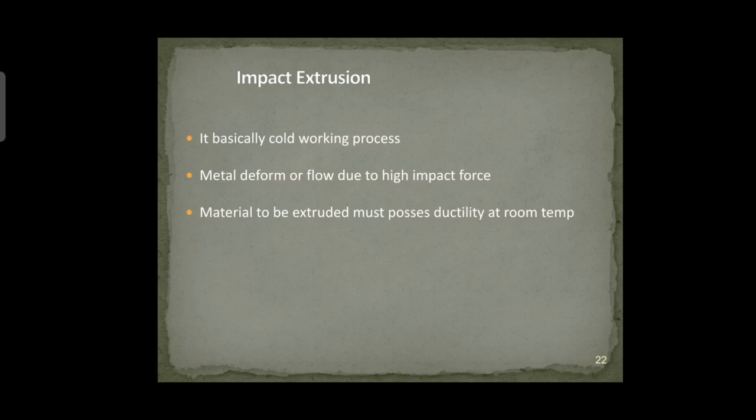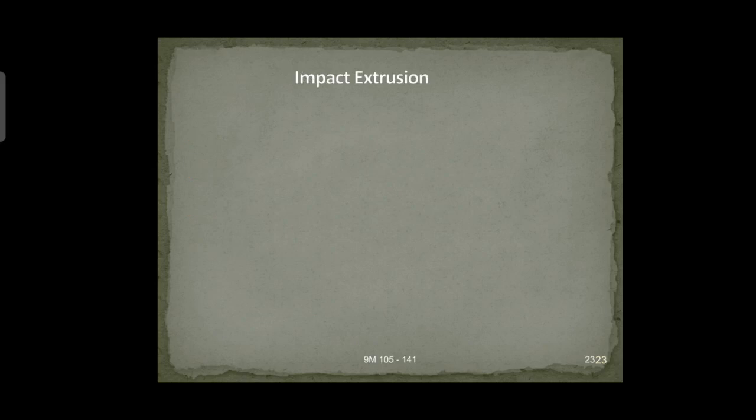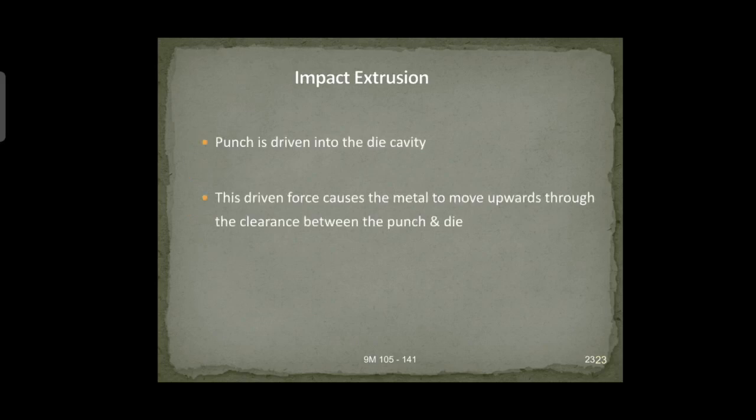When the material is not heated, and we are doing the operation at room temperature, the material possesses ductility. The more the ductility there is, the more the metal billet flows, the same process you can see here.